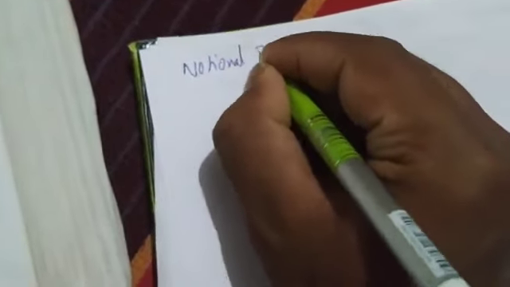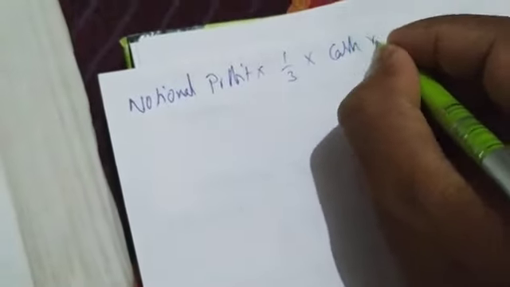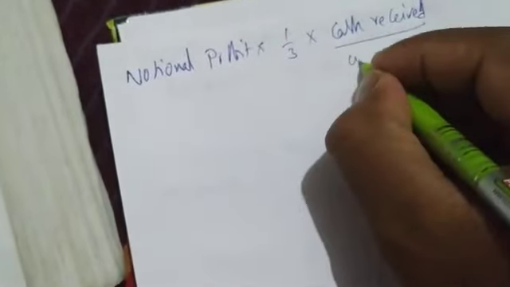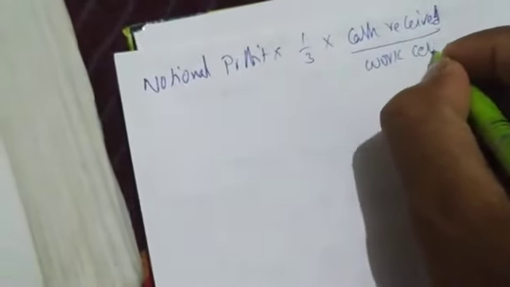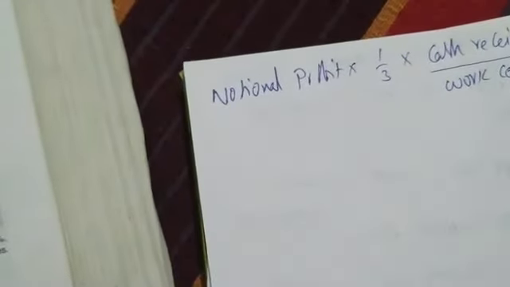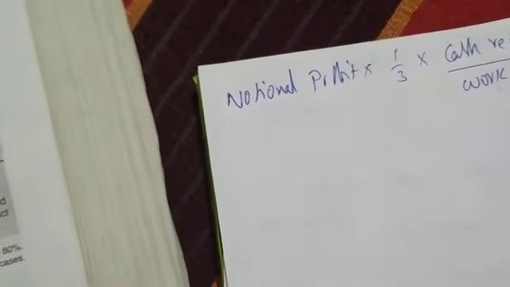Notional profit into 1/3 into cash received by work certified. 2 lakhs to 80% divided by 2 lakhs.